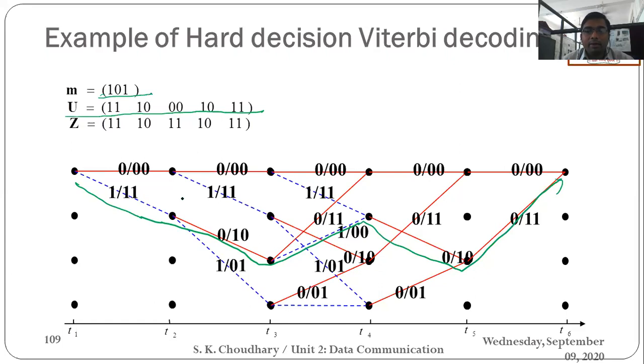So in this way we have defined the output bits 1 1, 1 0, then 0 0, then 1 0 and 1 1.